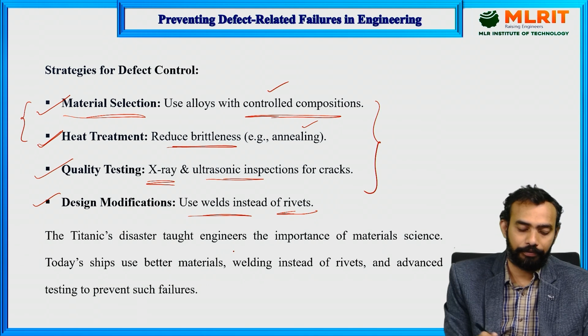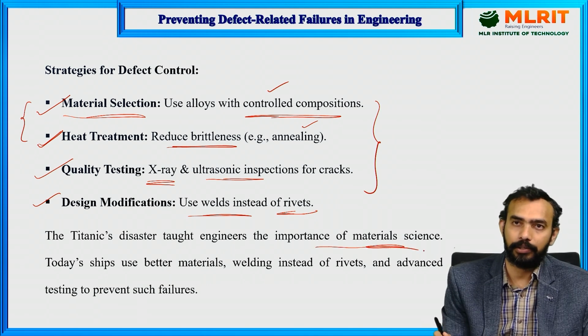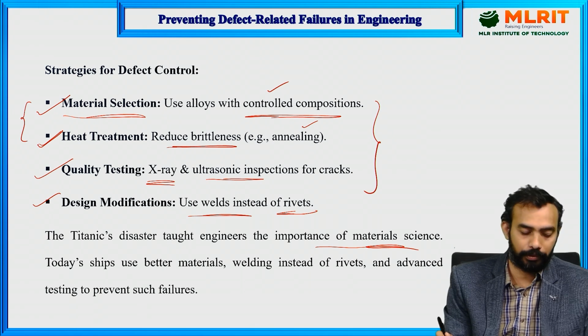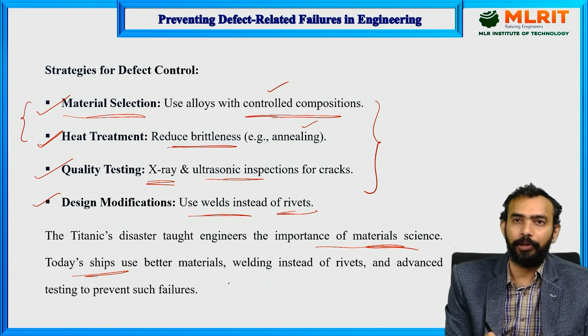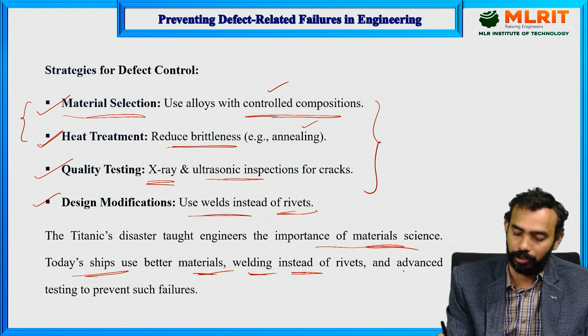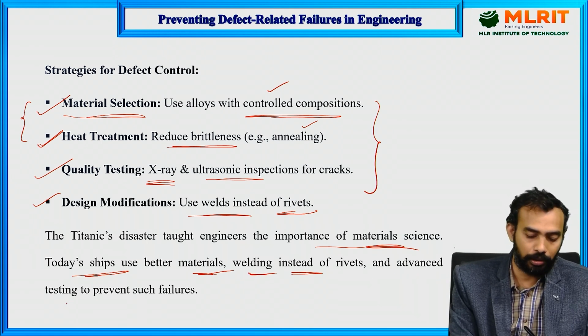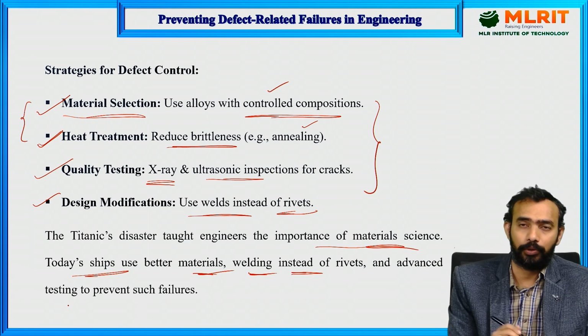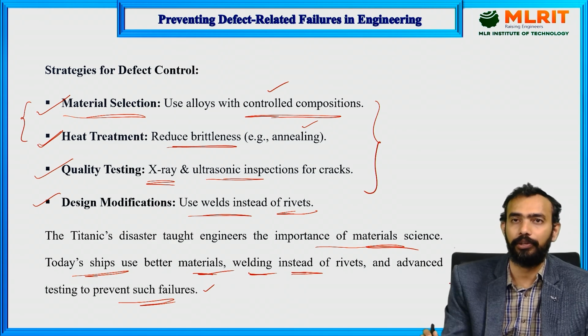Engineers learned the lesson and understood the importance of material science, the selection of the right material for the engineering application. Today's ships are built with better materials, and they are welded instead of riveted, and advanced testing tools are being used to prevent any such failures. All these steps have been carefully taken in today's engineering applications.